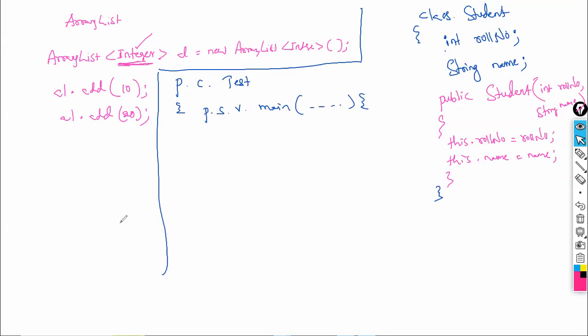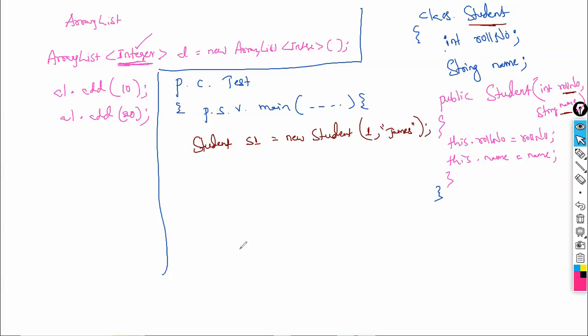Starting of the main, and somewhere we'll close it later. Can we create the object for the Student class? Please write the syntax. Student, say first student data I'm taking as s1 equals new Student of, what's the constructor? One integer and one string. So let me give, say, 1, comma, some name, James.